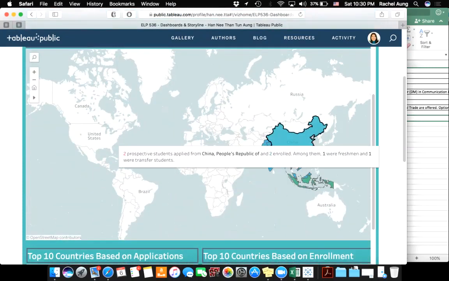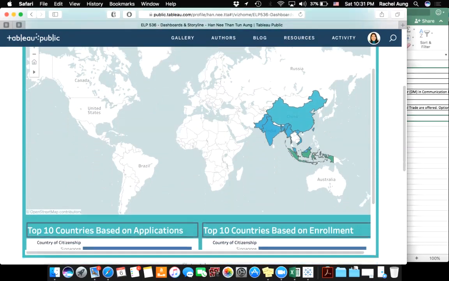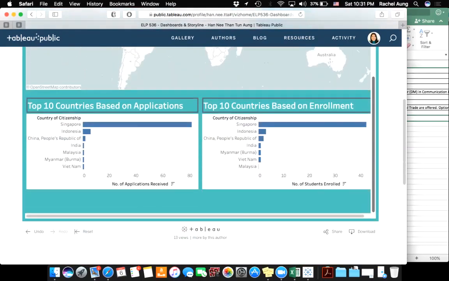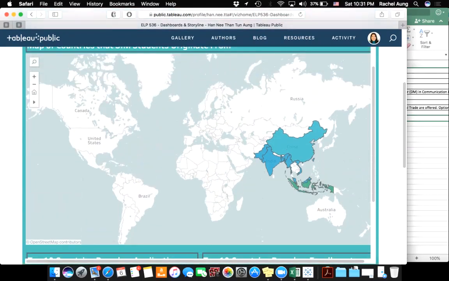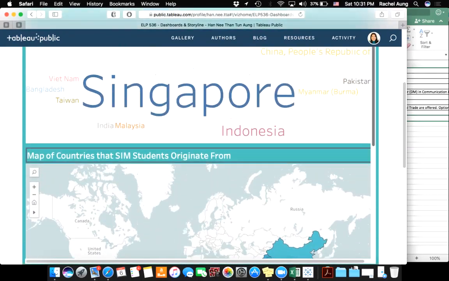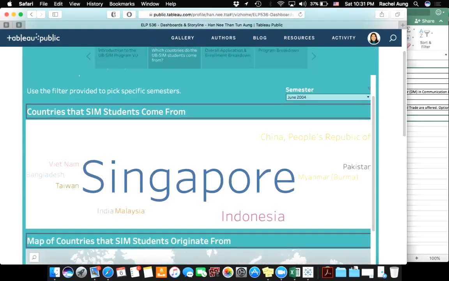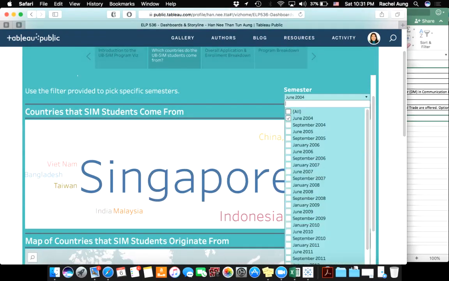And if you hover over, it tells you exactly how many people applied from that country, how many were freshmen, etc. And then if you scroll further down, it gives you the top 10 countries for applications and enrollments during that semester. So you'll see that the first semester we offered this program, it wasn't very many countries.